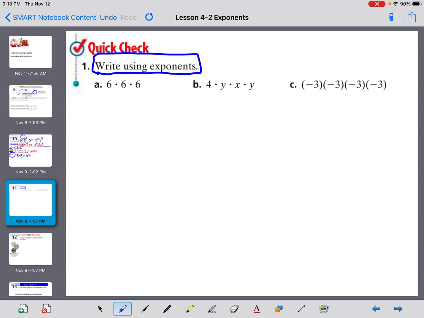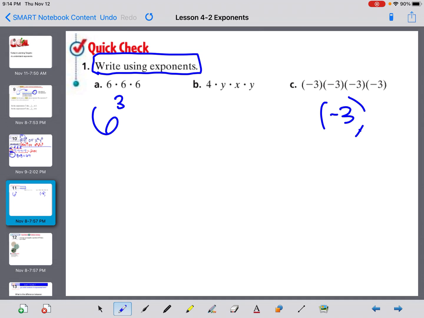Okay, 6 times 6 times 6. What's the base? 6. How many are there? 3 of them. I'm going to skip this middle one for a second. Negative 3 times negative 3 times negative 3 times negative 3.